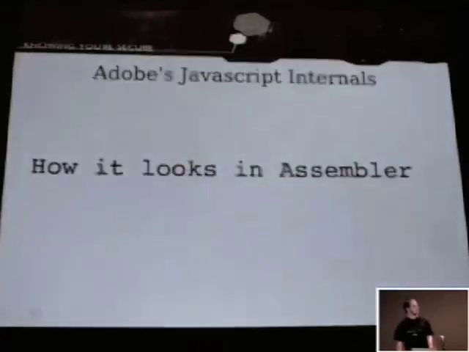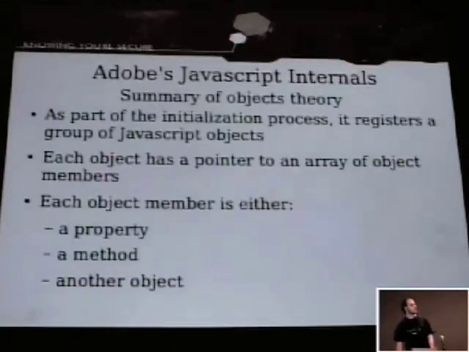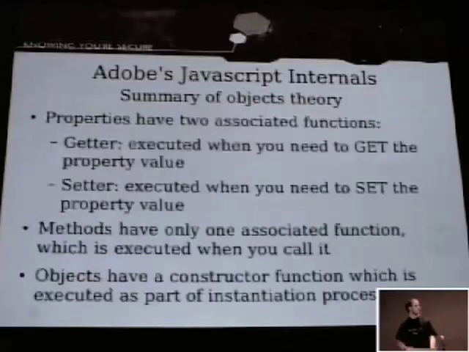So, some examples. As part of the initialization process, Adobe Acrobat Reader registers a series of JavaScript objects. These JavaScript objects are just containers for different properties and methods, or many other objects.